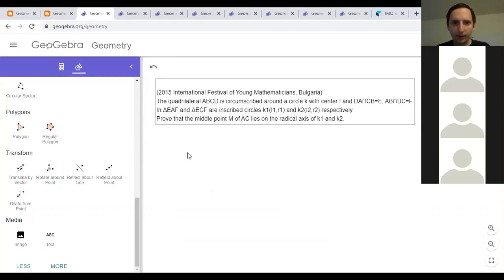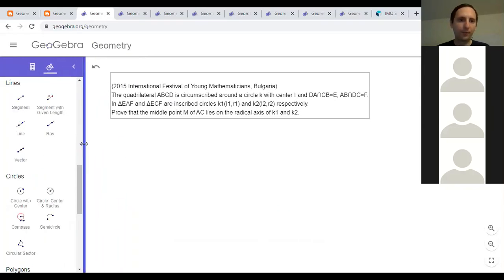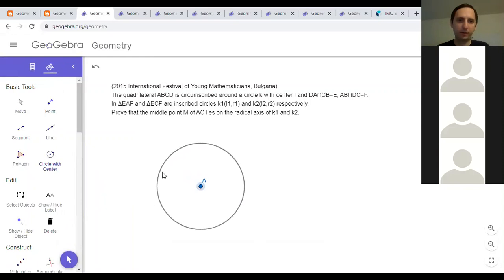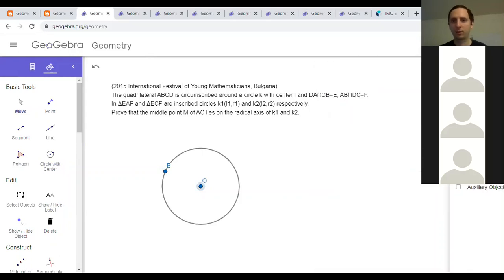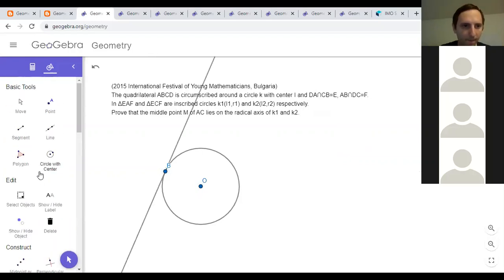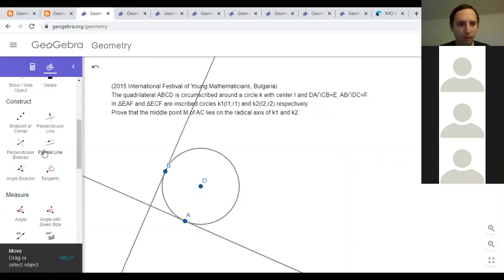All right, so we have a quadrilateral ABCD. It's a circumscribed quadrilateral. I'm still not sure the best way to draw these, but let's see. Just draw it like this for now.